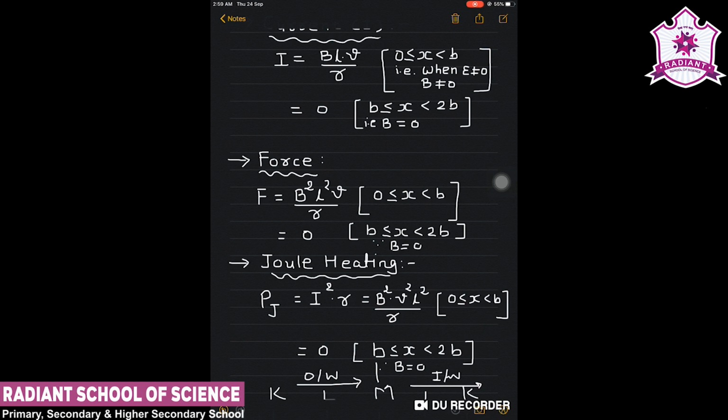Now it will be 0 for the region where the magnetic field is 0. So these are the equations and the values that we are asked to find out.